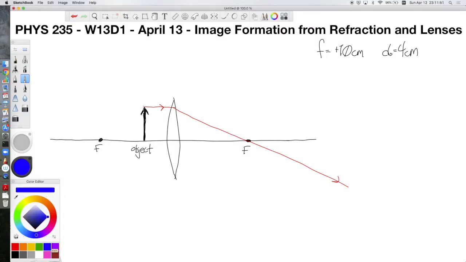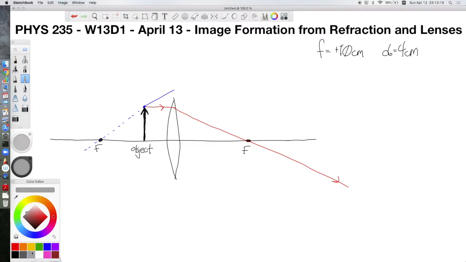The blue ray, like with spherical mirrors, we can't draw a ray from our object through the focal length because that won't ever hit the lens. So we reverse the path of this light and imagine a ray that came in through the focal length before it hit the object and continued traveling along that path. This ray is going to miss the lens.